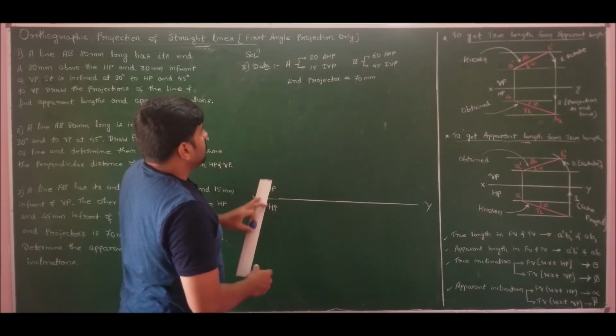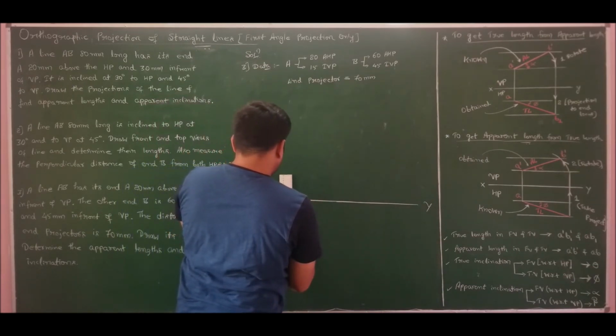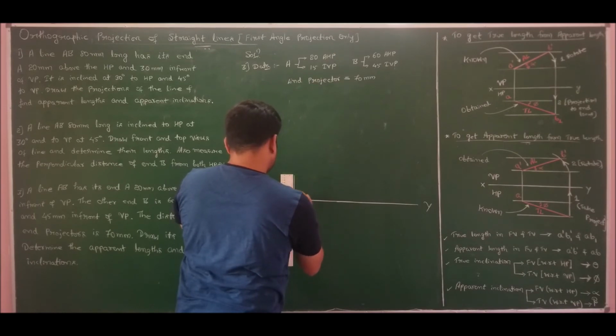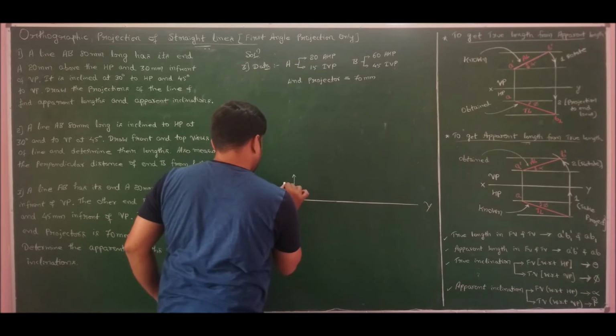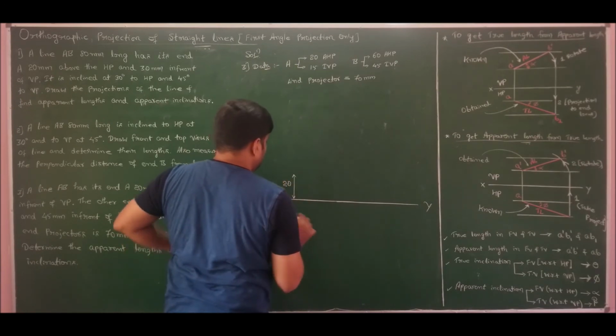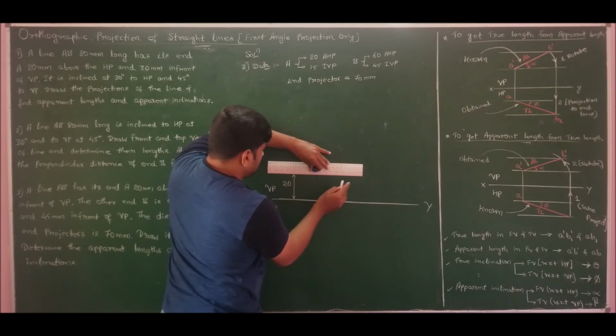And A is 20 mm above HP. So mark 20 mm above HP, which gives us locus of A dash. 20 mm above HP, which is shown in VP. So this gives us locus of A dash.